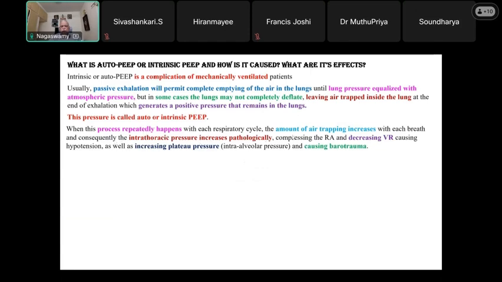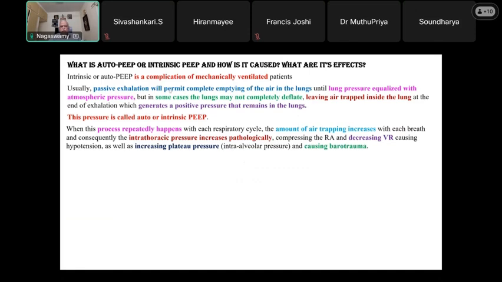Air trapping becomes more and more, and intrathoracic pressure increases pathologically, and the right atrial pressure will compress, decreasing the venous return, causing hypotension and increasing the plateau pressure, also causing barotrauma.